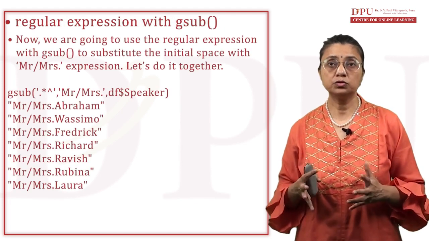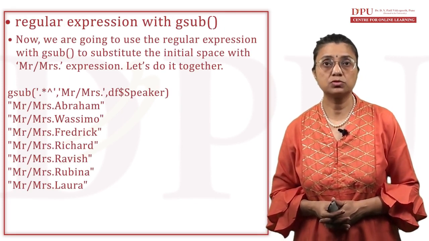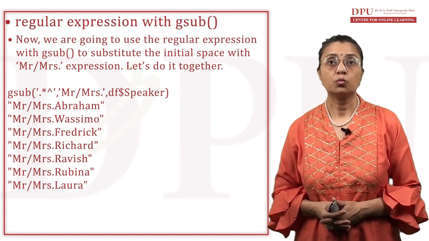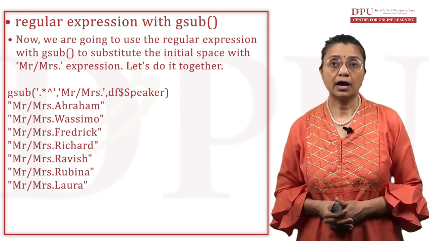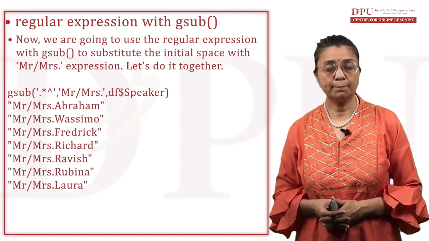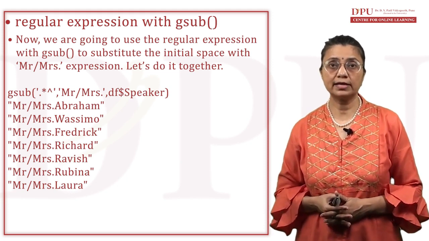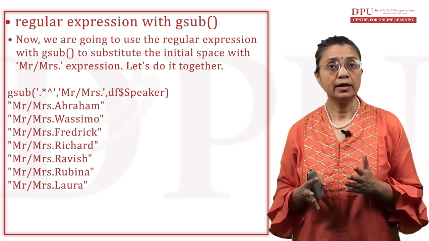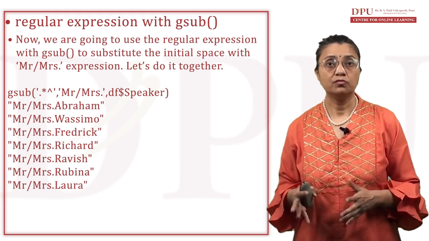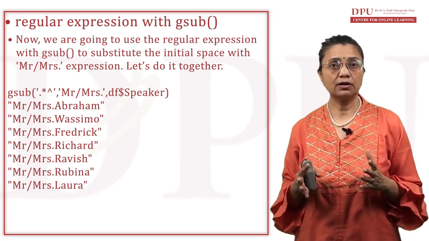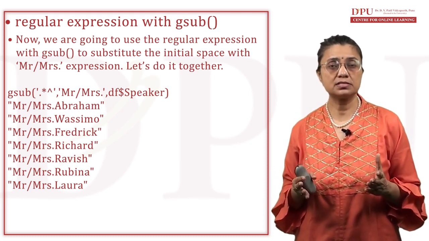Now we are going to use the regular expression with gsub to substitute the initial space with Mr., Mrs. prior to every name. So we have passed a regular expression which says caret, dot, asterisk, which means any particular word prior to which there is anything.